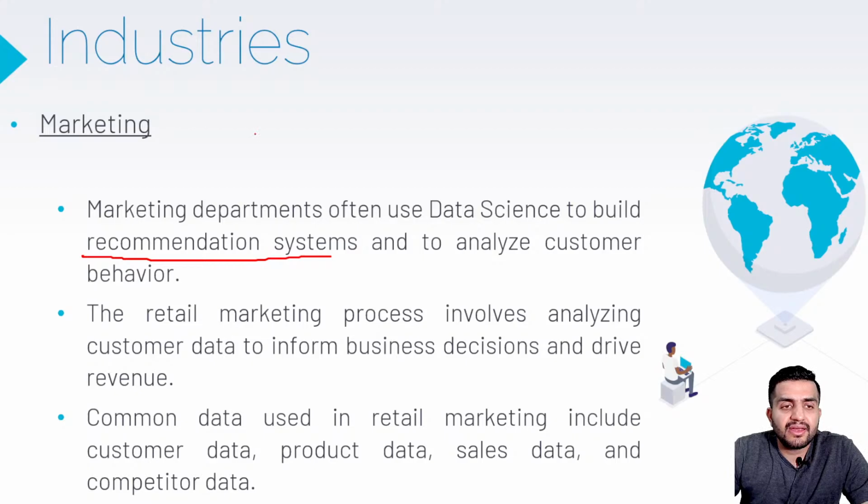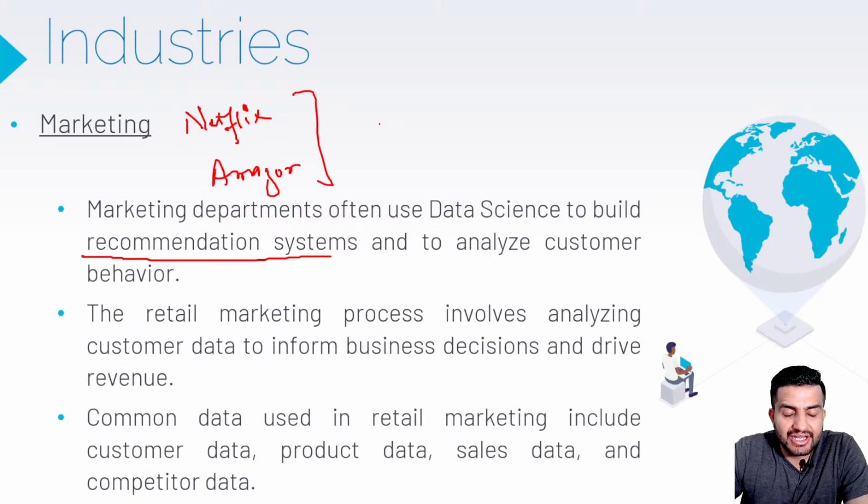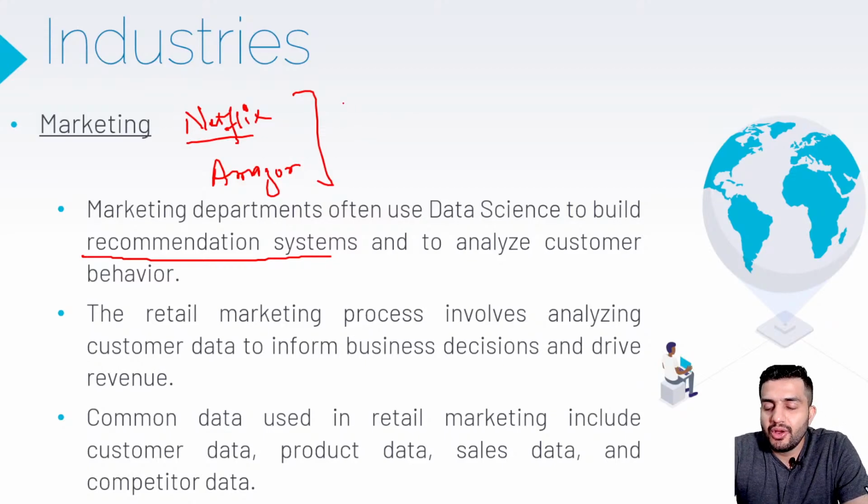So when I say I have, say, Netflix or Amazon, you have already seen the recommendations on their websites. So on Netflix, we have something like recommended for you depending on your past history, or this is what I as a platform recommend you to watch.